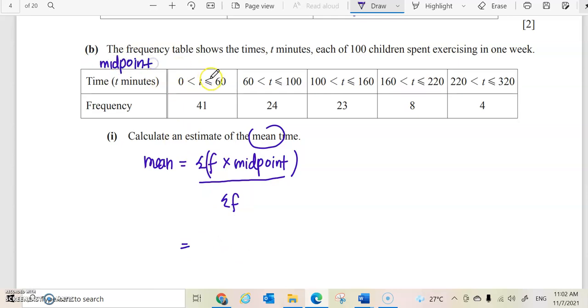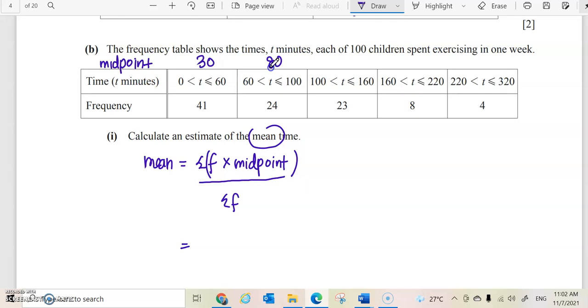Okay, so 60 plus 0 divided by 2, so 30. 100 plus 60 divided by 2, so the midpoint here is 80.